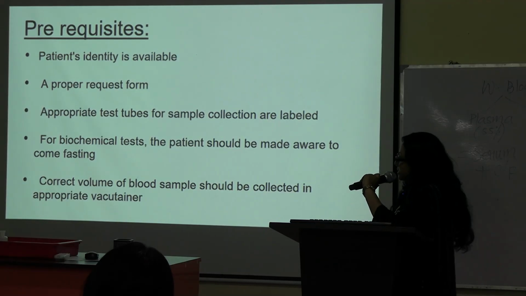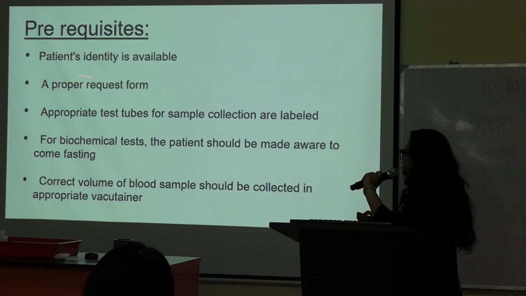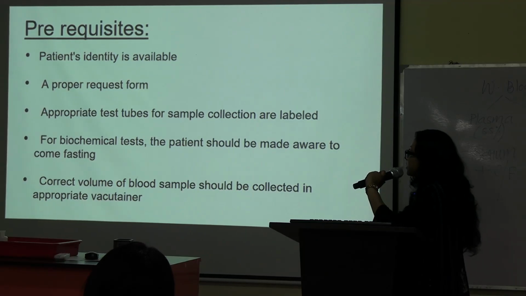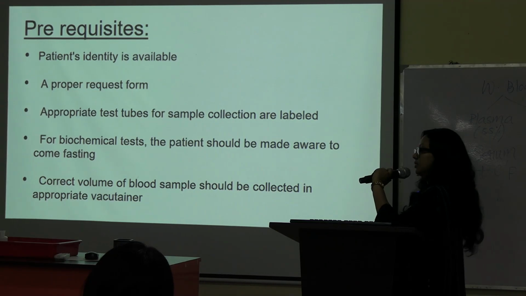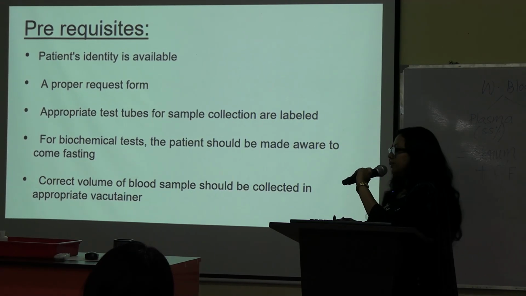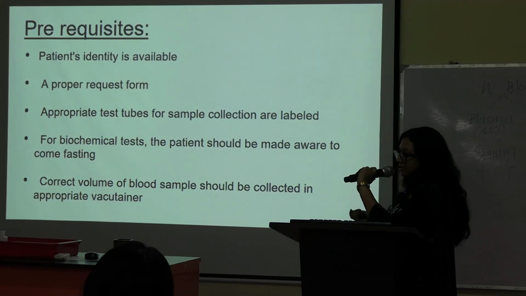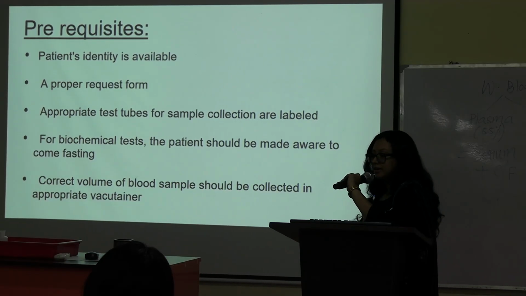Now, what are the prerequisites? The patient's identity should be available, a proper requisition form, and appropriate test tubes for sample collection should be available. There are some vacutainers you will be seeing after the class. Different vacutainers are for different tests, right?